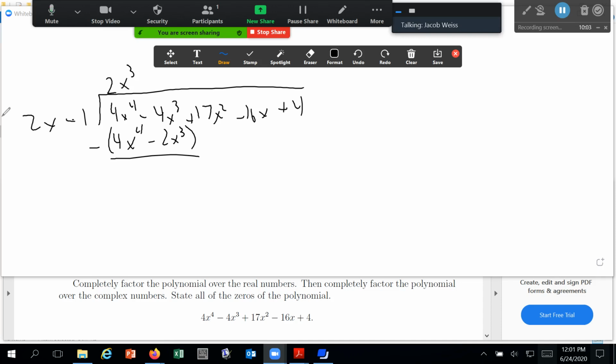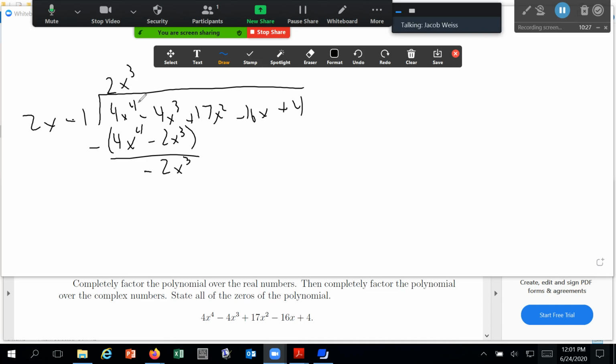So don't forget, we have to subtract both terms. So we have to distribute the minus sign. So here we have 4x to the 4th minus 4x to the 4th is 0. All right, that's 0. I don't have to write 0. And this is negative 4x cubed, and this would be plus 2x cubed, right, if I distribute the minus sign through. So that gives me negative 2x cubed.